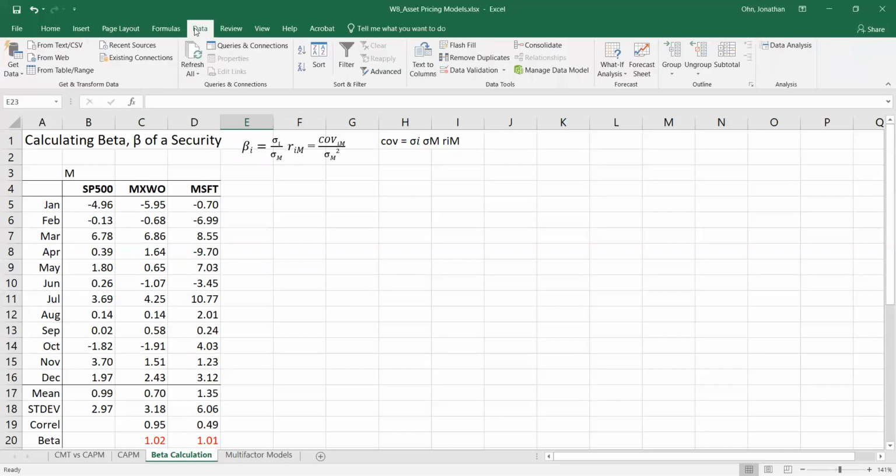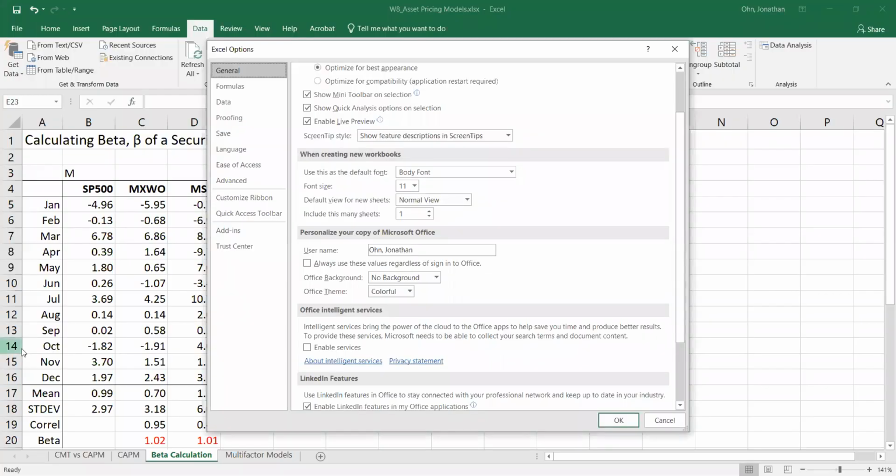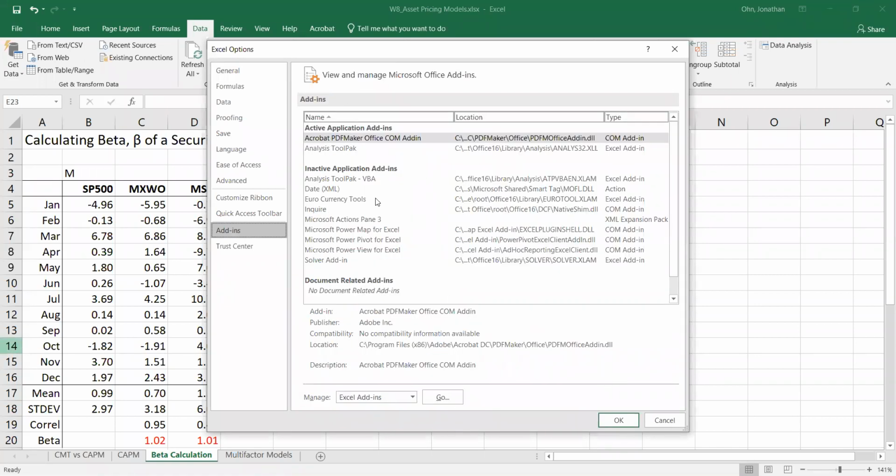First, go to Data and Data Analysis. You have to have this one here. If you don't have Data Analysis, let's start from the beginning. Go to File, then Options, Add-ins, and then here, Analysis ToolPak.